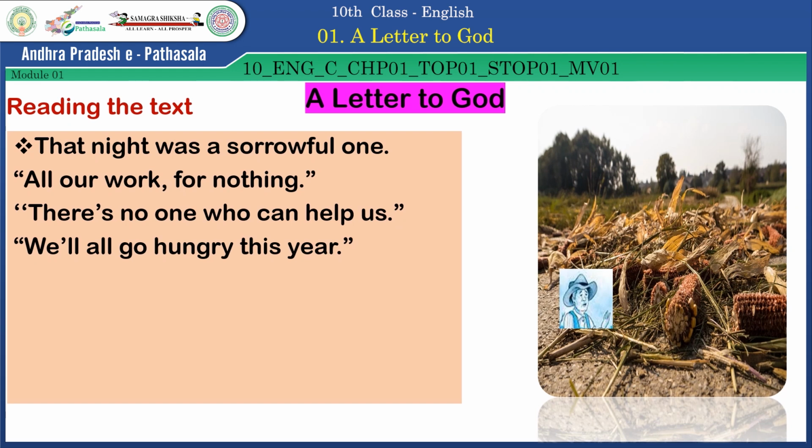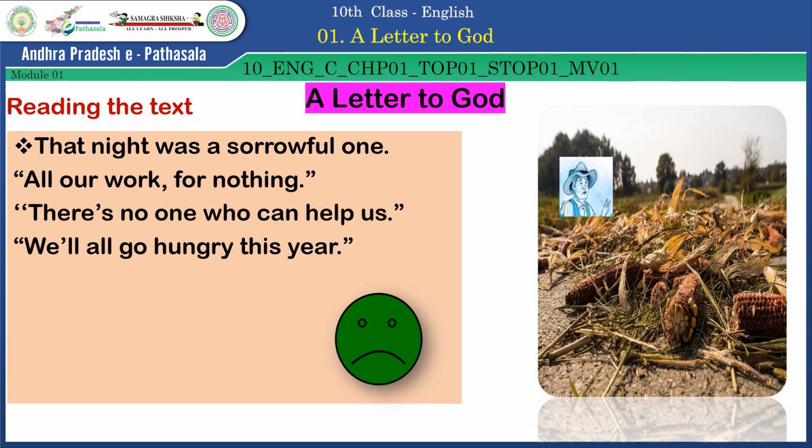There's no one who can help us. We will all go hungry this year," said Lencho with a lot of pain. How sad he was when he looked at the crop that has been destroyed.